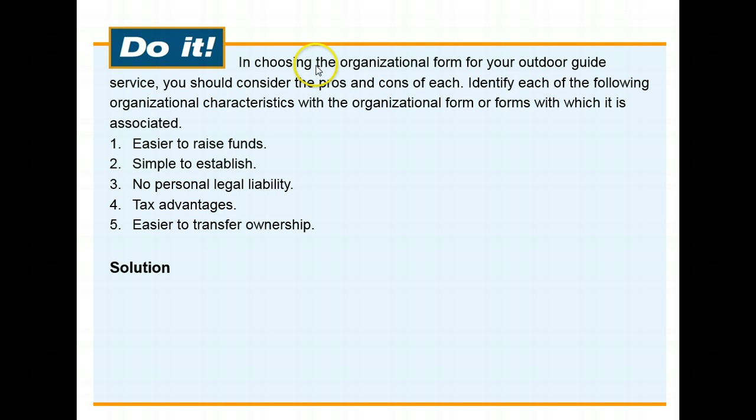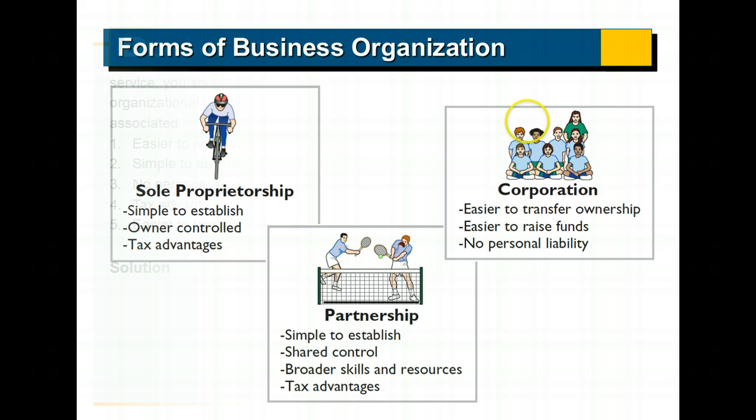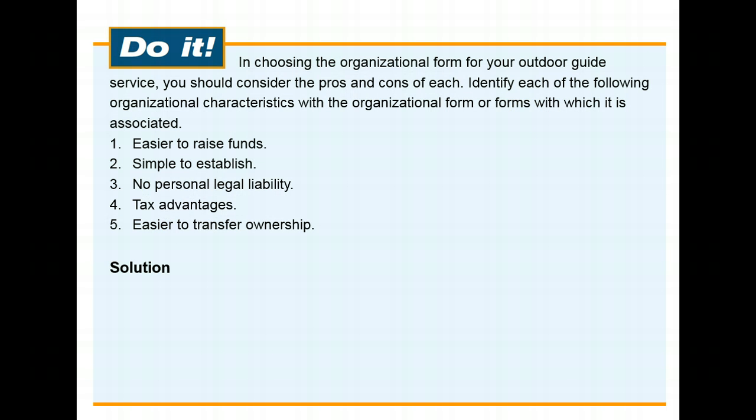Okay. In choosing the organizational form for your outdoor guide service, you should consider the pros and cons of each. Identify each of the following organizational characteristics with the organizational form or forms with which it is associated.